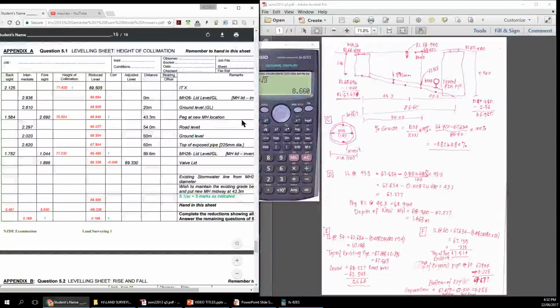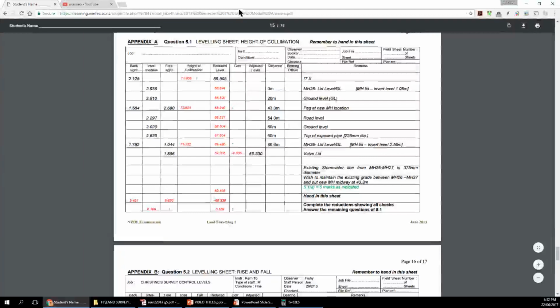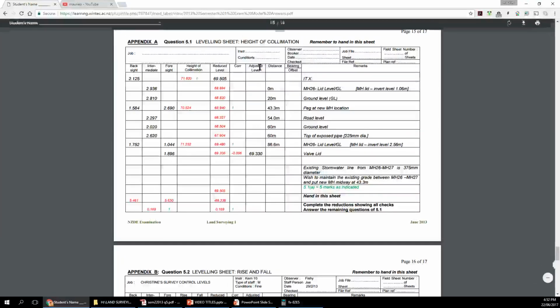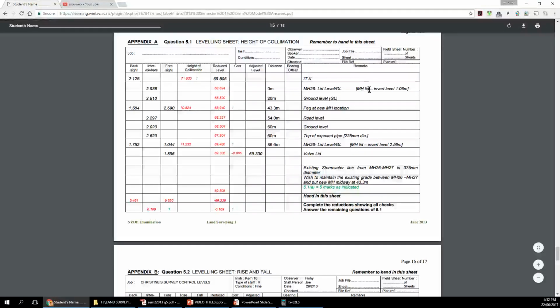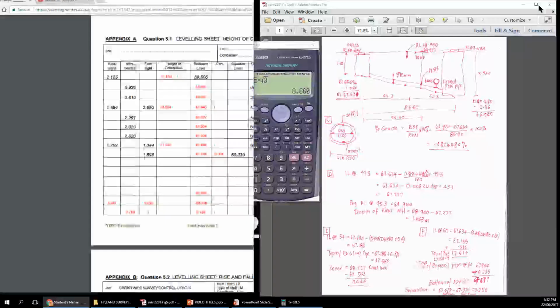And here we've got the inverts, a depth to invert of 1.06 and 2.56. More about that in due course.